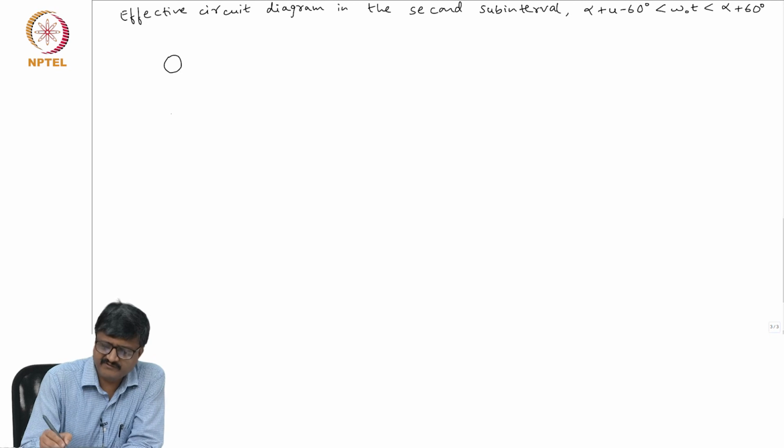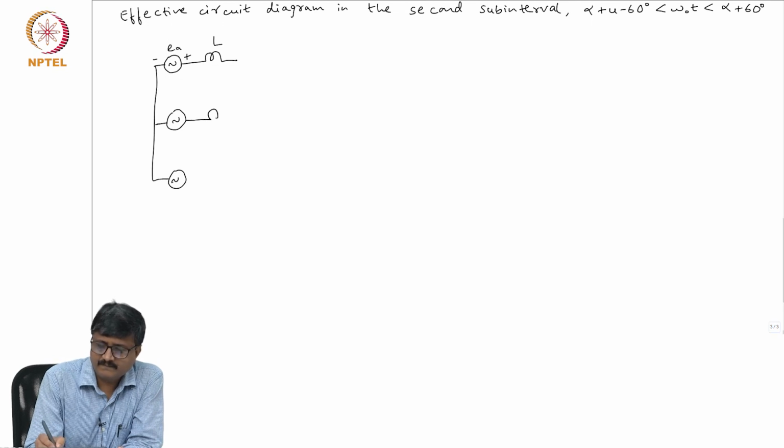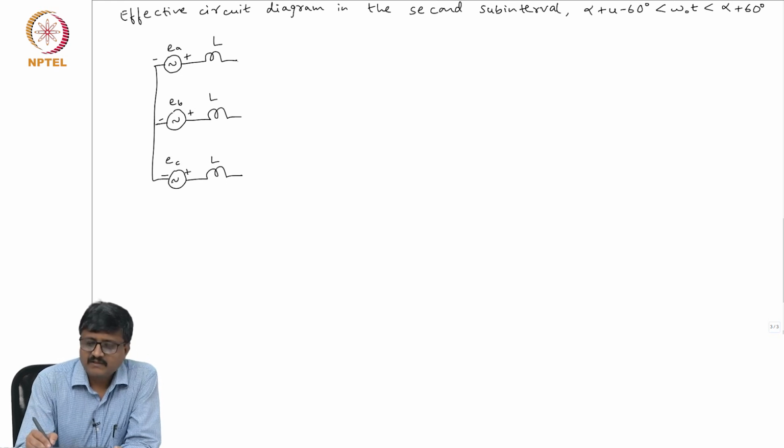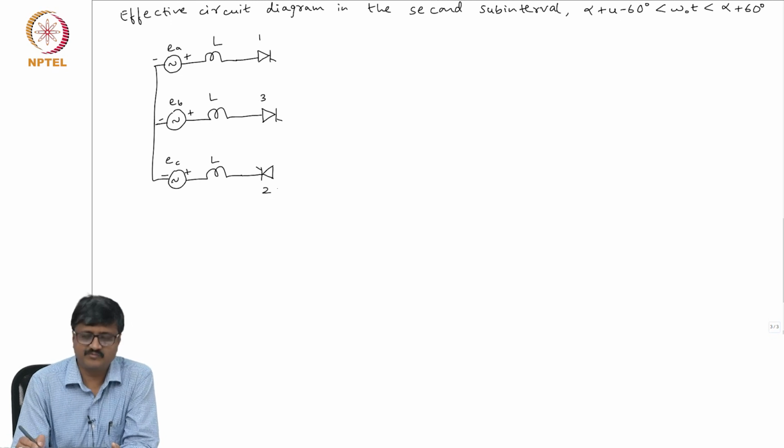If I just draw the effective circuit, of course, I have to show all the 3 sources EA, EB, EC. So, this is 1, this is 3 and this is 2.